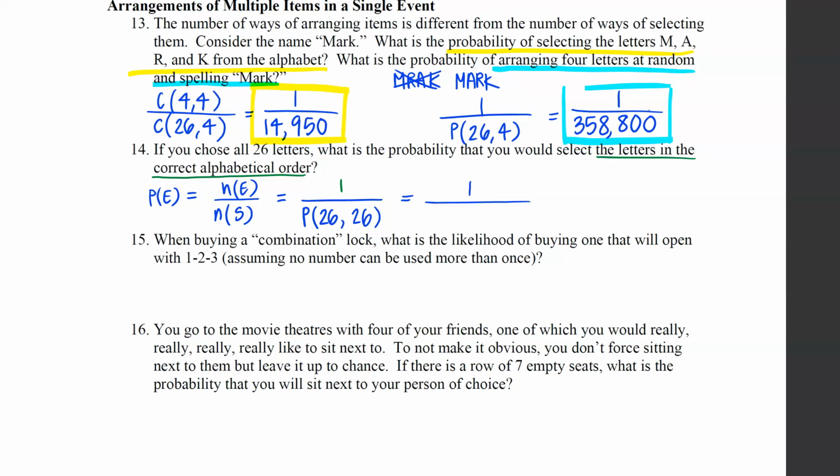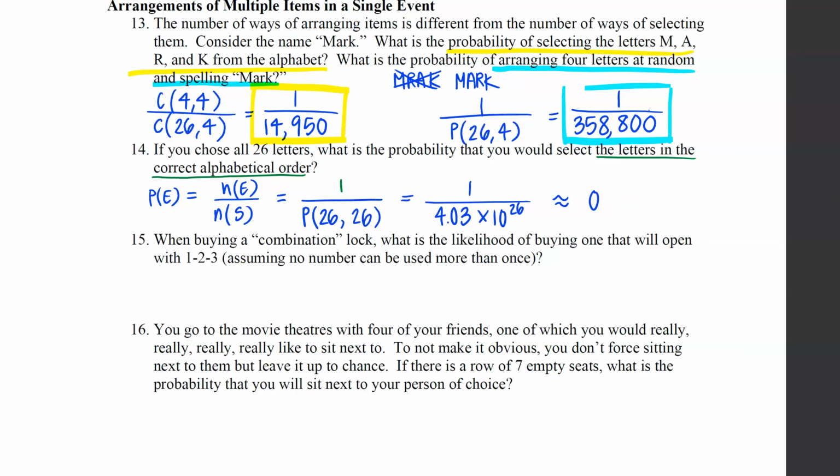It is 1 out of 4.03 times 10 to the 26th power. Again, if I'm trying to arrange all 26 letters, there are so many ways that can happen. The probability that this happens, though, 1 out of 4.03 times 10 to the 26th power is essentially 0.